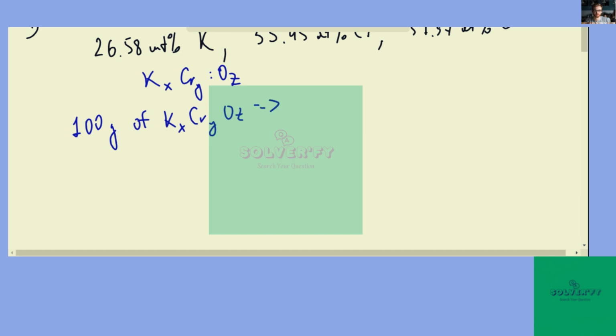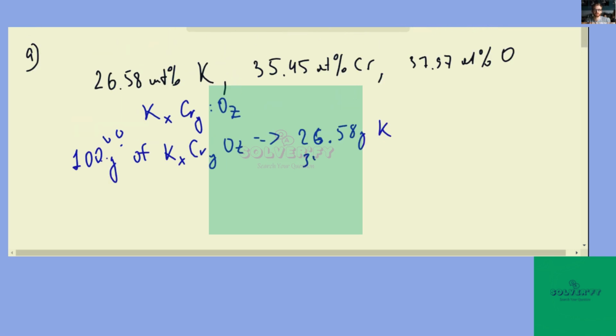Then we have 100.00, let's be precise. We have 26.58 grams of potassium, 35.44 grams of chromium, and 37.97 grams of oxygen.